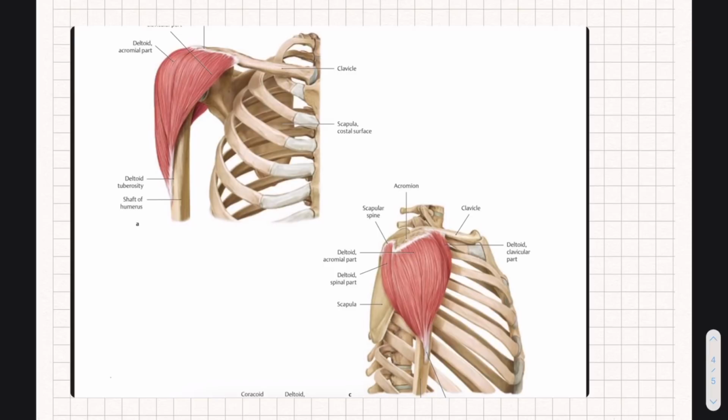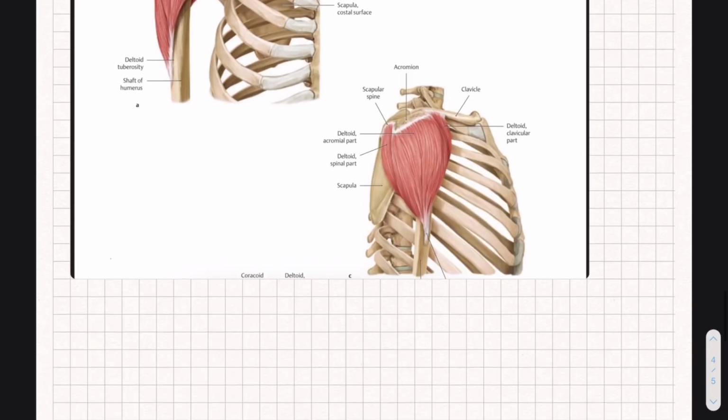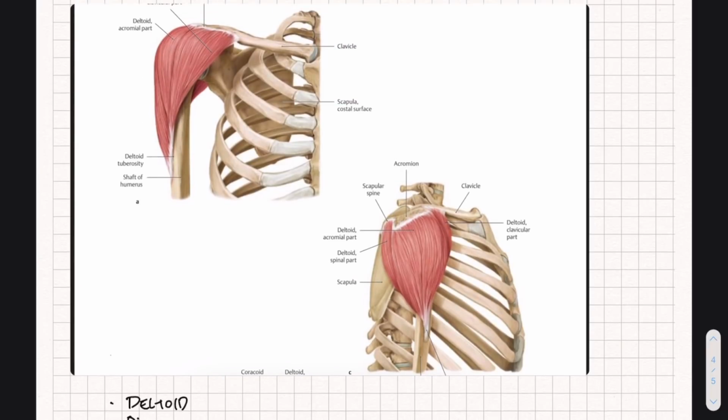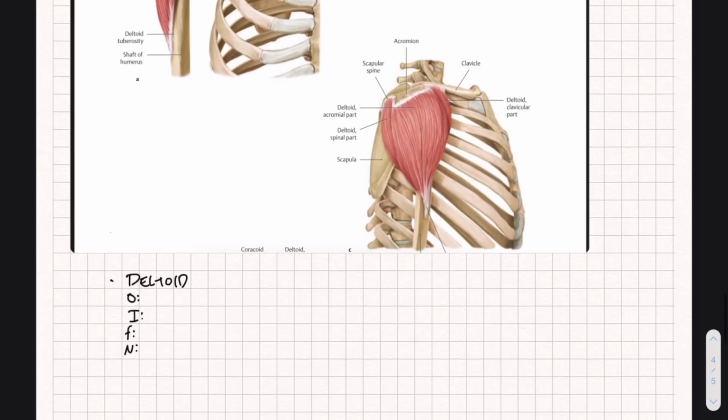You can see the deltoid has 3 parts to it. You don't need to worry about the 3 parts, but there's 3 actions to the deltoid due to these 3 different segments. So we have the deltoid, origin, insertion, function, nerve. So it originates on the area that's not moving, which is going to be the clavicle and the scapula.